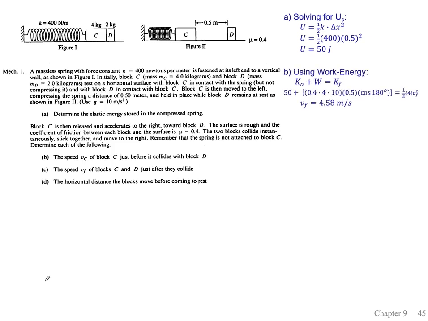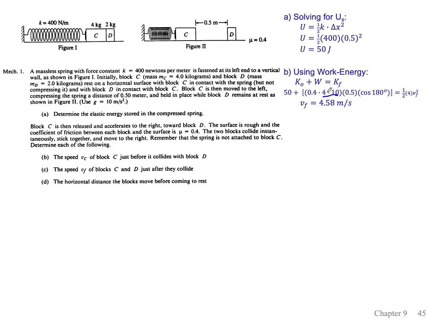Using the work-energy theorem, we know how much energy it starts out with. That's actually not kinetic energy, but that's okay. I really should have written this as initial energy plus work equals final energy. 50 plus the work done. Now, the force of gravity on the block is going to be 4 times 10.